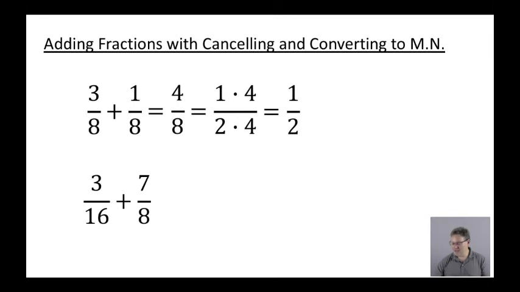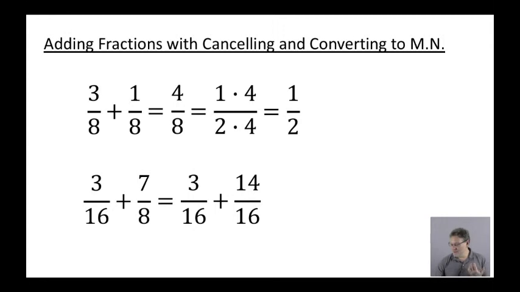In the same way, we can take 3/16 and 7/8. Well, we need at this time a common denominator, which in this case will be 16, the least common multiple of 16 and 8. 3/16 is already there. We don't need to change it at all. But 7/8 we need to change to 16ths, and we can do that by doubling the top and the bottom, so that it's no longer 7/8 but 14/16.